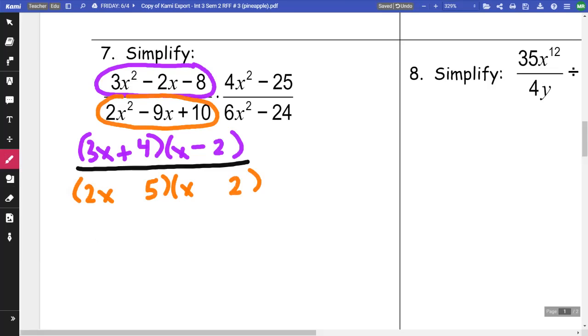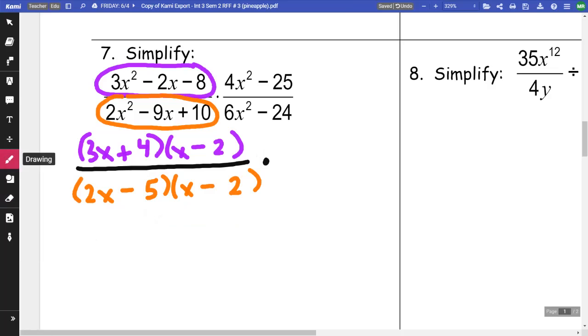It's a positive 10, but I'm not going to have pluses here. I'm going to have minuses here. This would give me a -4. This would give me a -5, and that gets me the -9. So at this point, I do see some things I can cancel, but let me just finish doing this problem.